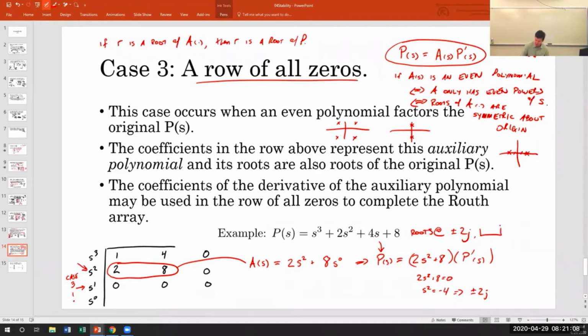That one, the one that is still missing, you could long divide. You could take A and long divide it into P and get P prime. In this case, P prime would be a first order polynomial, so its roots would be super easy to find.